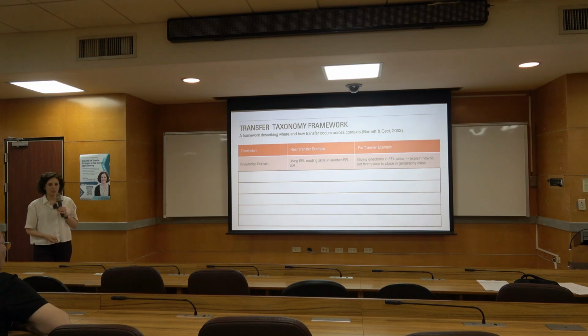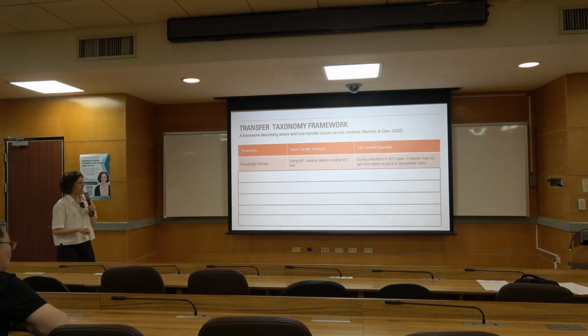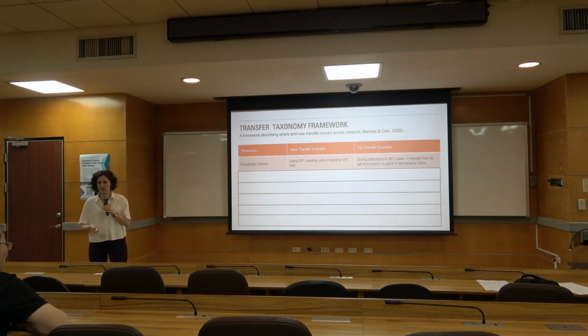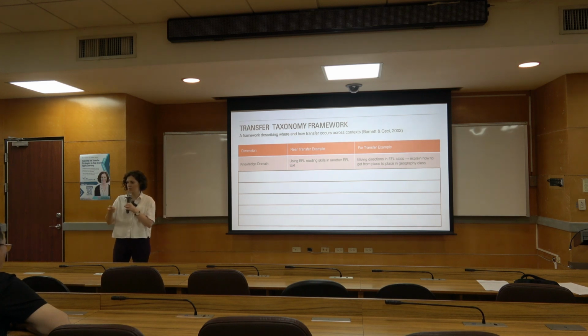One domain where we are asking people to transfer learning is the knowledge itself, the information. And we can ask them to transfer near or far. Using English as a foreign language reading skills in another EFL text would be near. That's the same knowledge domain to the same knowledge domain.